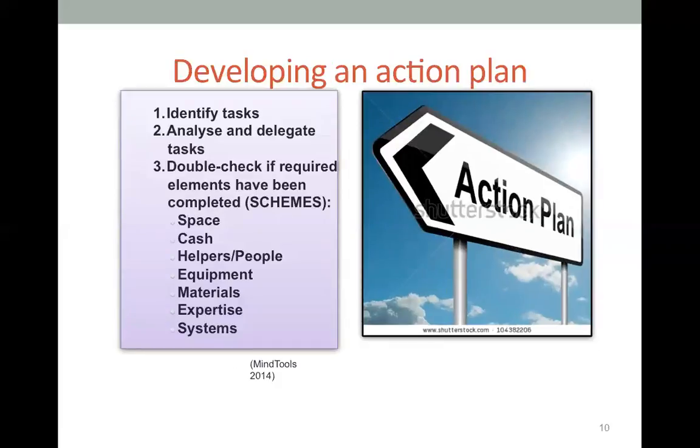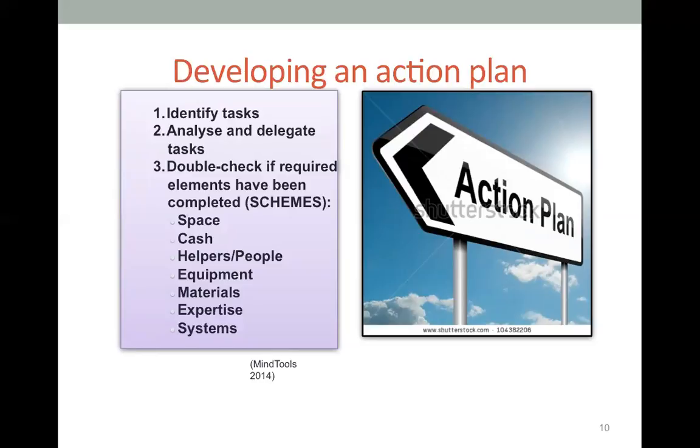In developing the action plan, we need to identify the tasks. Specific tasks need to be identified. What needs to be done to address that? We need to analyze and delegate the tasks, and if necessary, double check the elements, whether they have been completed.